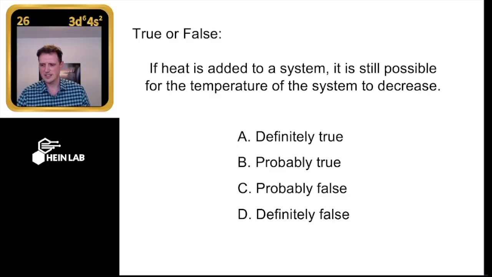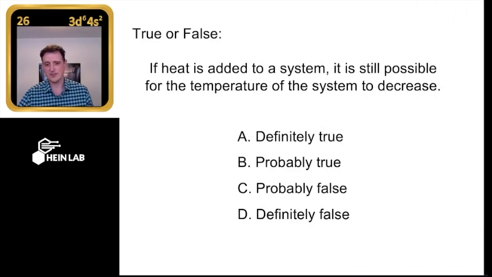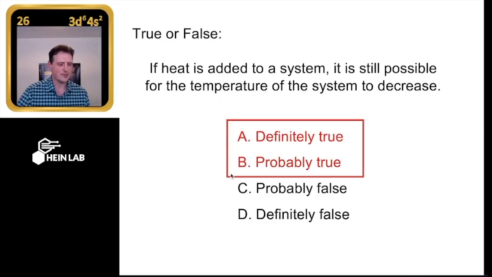All right, and time. So the point being, absolutely, definitely true, probably true. I have mad respect for the people that totally committed and went with A, but both of those two are positive. So really what we're trying to say here is, just because heat enters the system, you may not get a change in temperature.